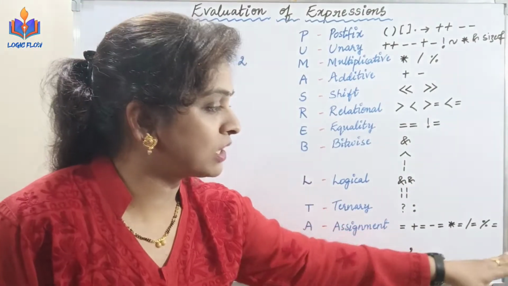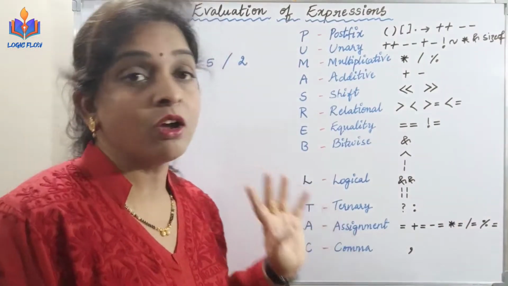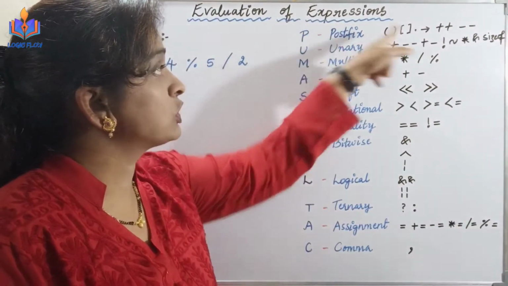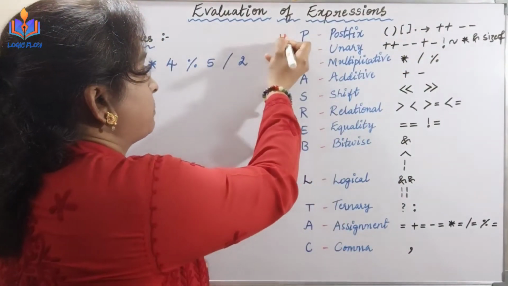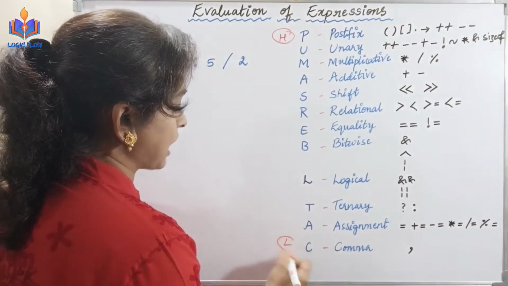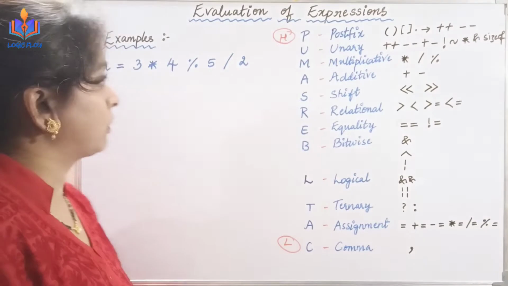We also have many more assignment operators, since with all the binary operators we can use assignment, and then the comma operator. So here the postfix has the highest priority, the flow goes in this direction, and the comma has the least priority. So let's get into the examples now.